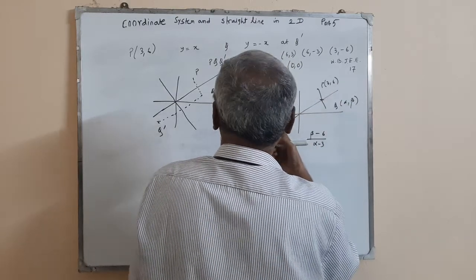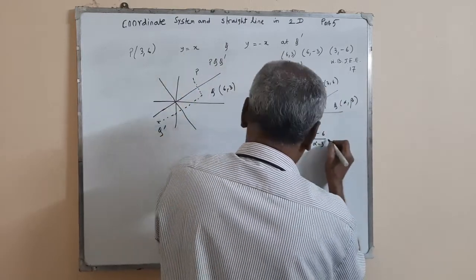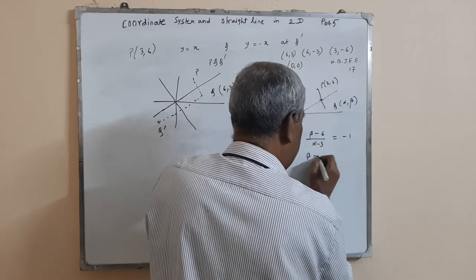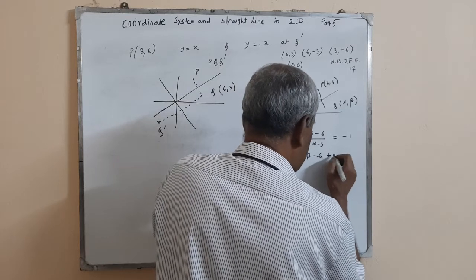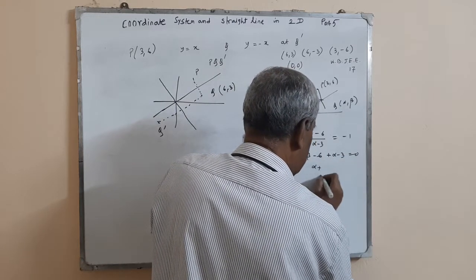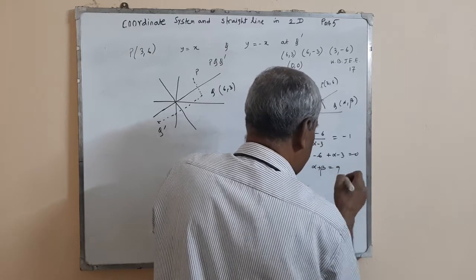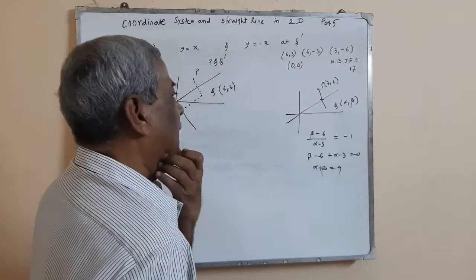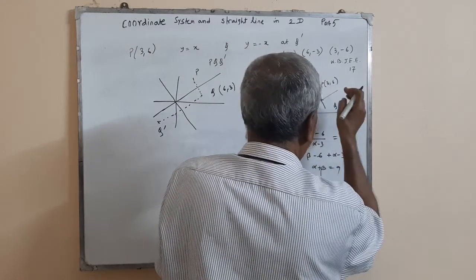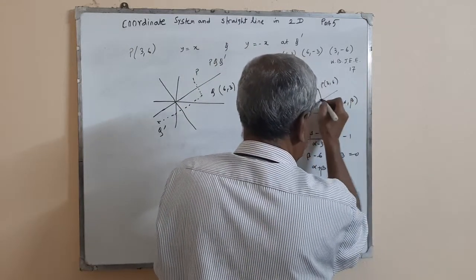The gradient of the straight line y is equal to x is 1. Their product is minus 1. So beta minus 6 plus alpha minus 3 is equal to 0. That is, alpha plus beta is equal to 9. Number one.